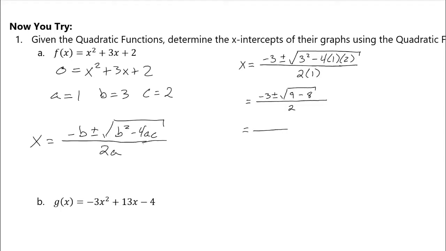This will then simplify on top to be negative 3 plus or minus 9 minus 8 is 1, so we'll have the square root of 1, which is 1, and then the denominator is still the 2. So we'll break this up now. We have x equals negative 3 plus 1 all over 2, which simplifies to negative 2 over 2 equals negative 1.